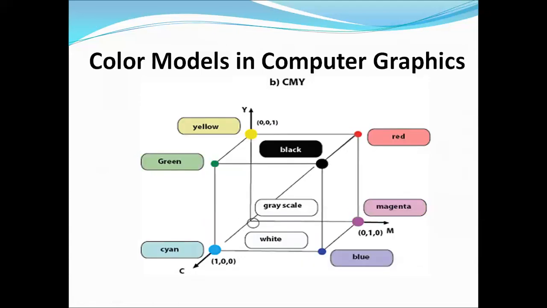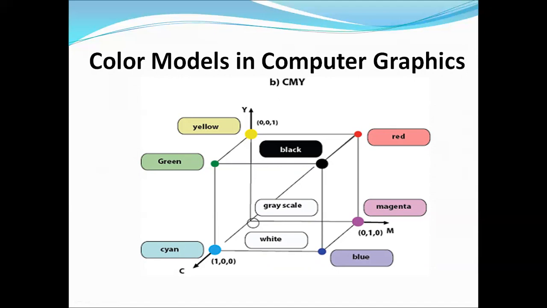Next one, as we know, the same as the RGB color model, the CMY color model is also a device dependent color model. Different devices will detect or reproduce a given RGB value differently.